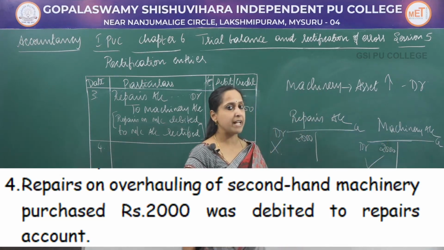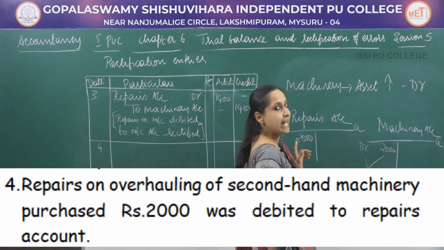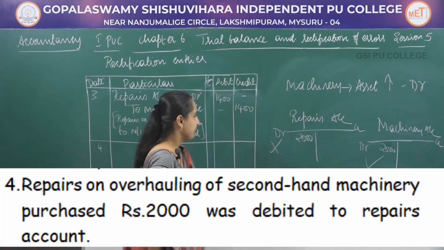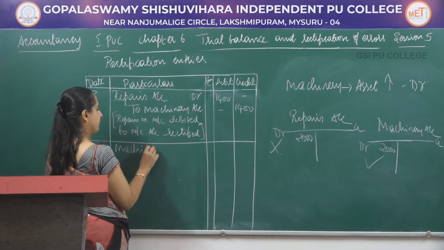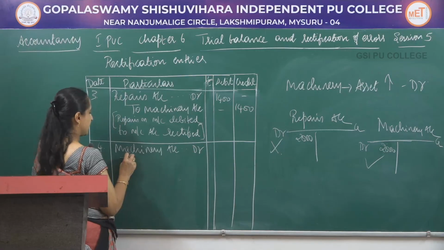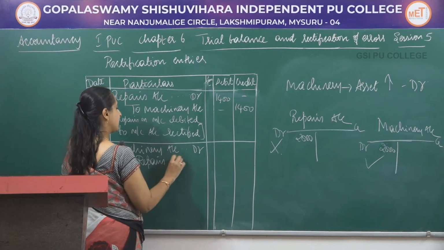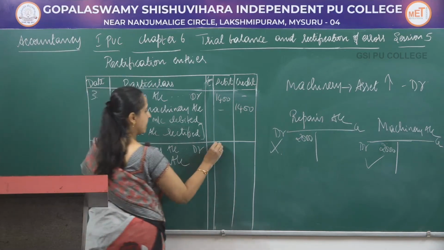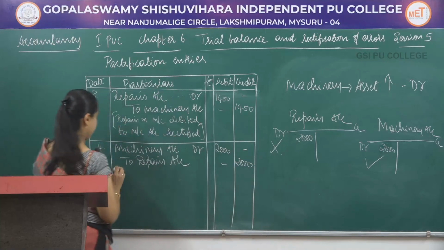So how can I rectify this? By debiting machinery account and by crediting repairs account, error will be rectified. So what is the journal entry? Machinery account debit to repairs account. Amount is 2000.